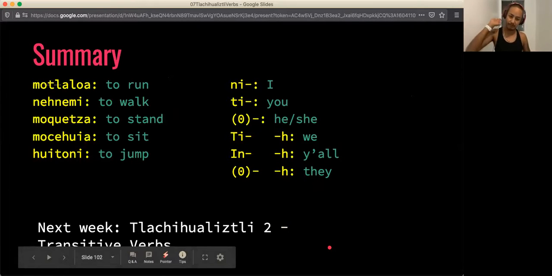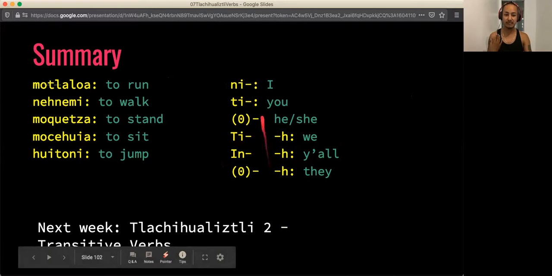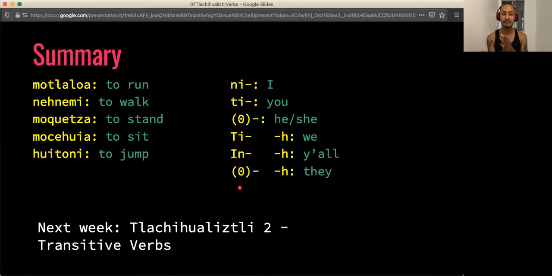Okay, this is the summary. These are the 5 verbs you learned: motlaloa, nehnemi, moketza, mosewia, witoni. These are the prefixes that you learned today. These are exactly the same prefixes that you've been learning for like ever, basically. Notice that when these prefixes are in front of verbs, they're indicating who is doing the action.